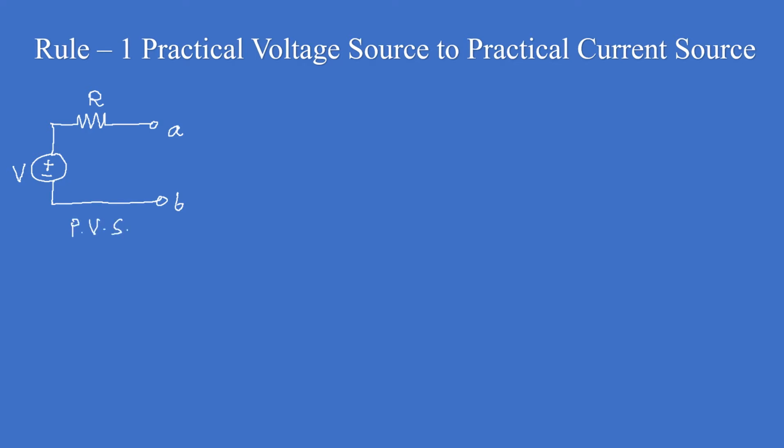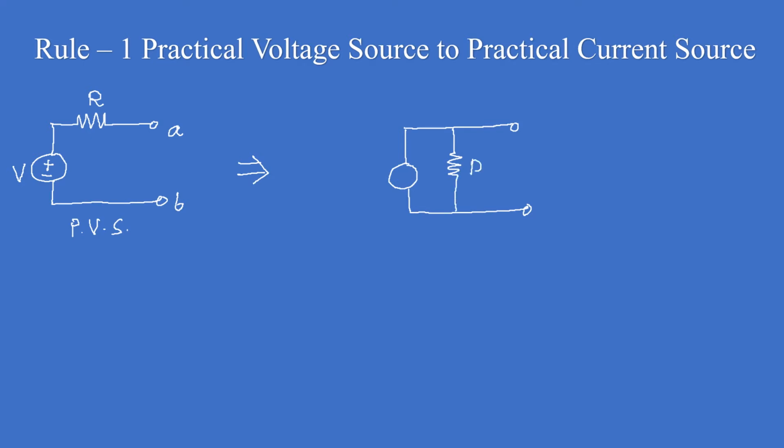I have written it in short form, and our aim is to convert this practical voltage source into a practical current source. The practical current source is like this. A source is there, and the internal resistance is now connected in parallel.